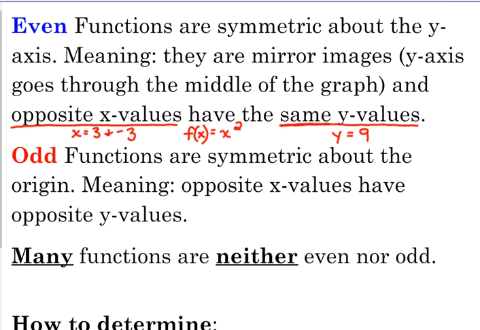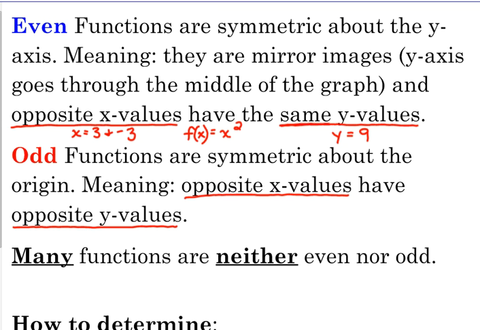Okay, odd functions, they also have symmetry, but it's a little bit harder to see. We call those symmetric about the origin. So it's rotational symmetry. If we flip the graph over, it looks exactly the same as it did the other way. But the thing to focus on here is that opposite x values have opposite y values. So they're the same number, but they have opposite signs.